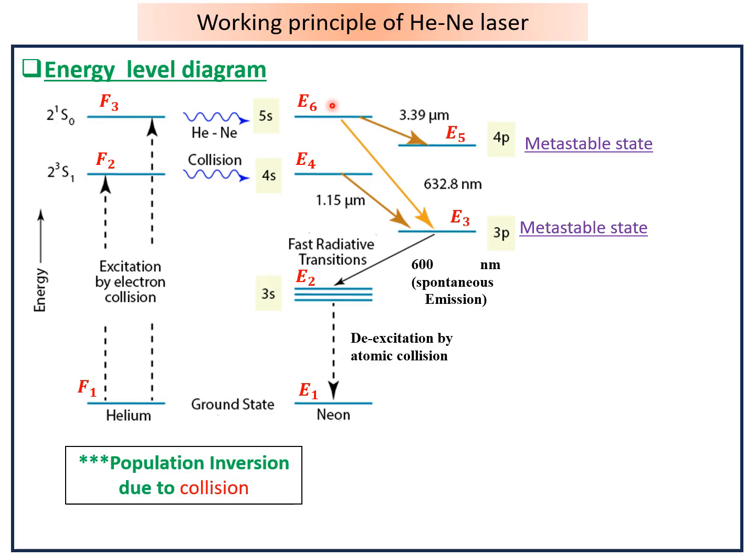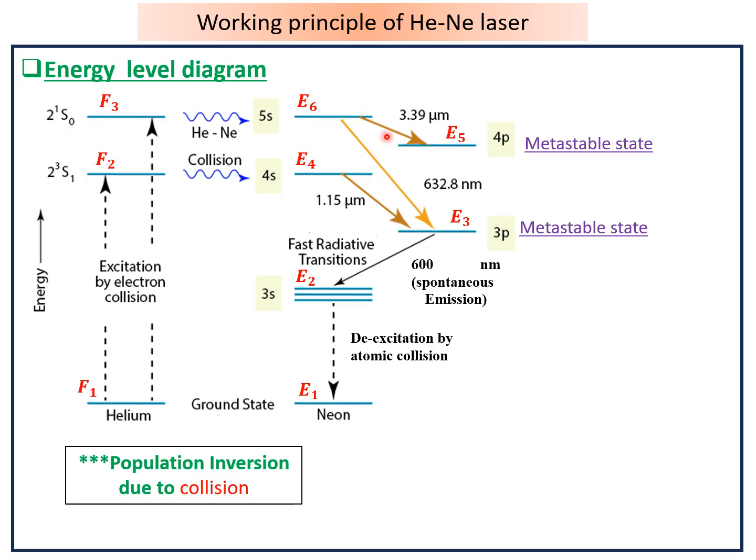The process of energy transfer has a high probability as the states F2 and F3 are unstable. The discharge in the cavity thus continuously increases the population of neon atoms in the excited states E4 and E6. So population inversion takes place.